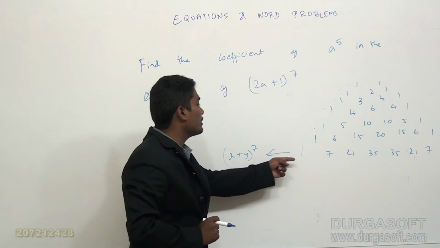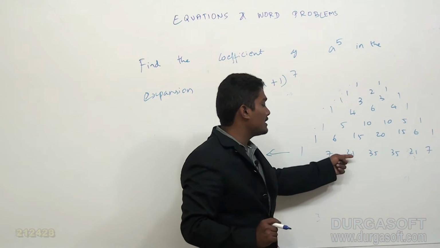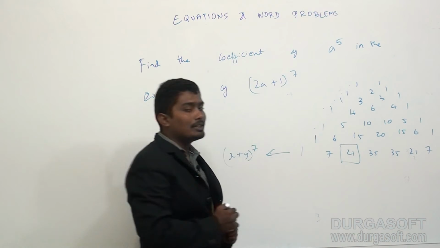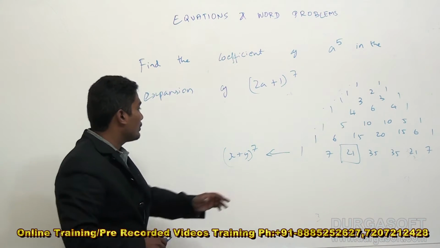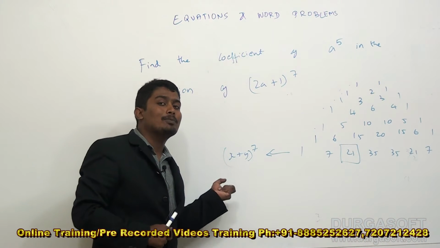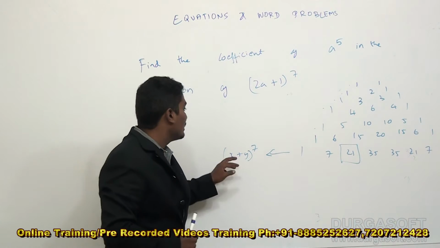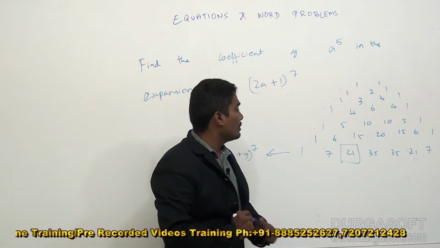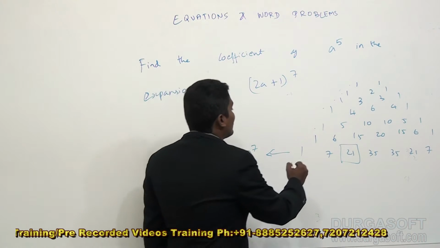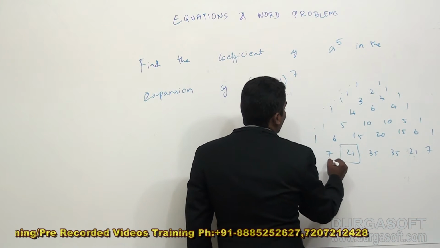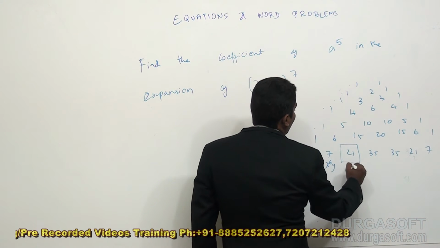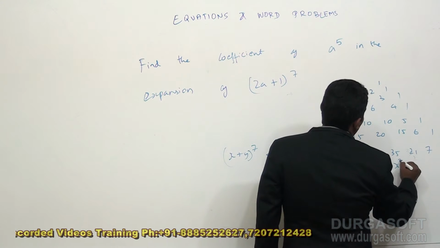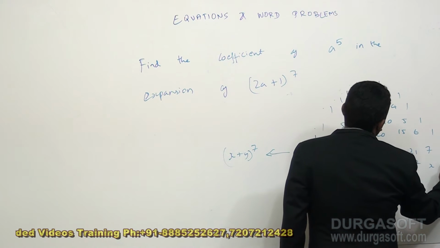This corresponds to x power 7, x power 6, x power 5. For x power 5 I will have the coefficient as 21, because from the left hand side I write the highest power of x and keep decreasing: x power 7, x power 6, x power 5, x power 4, x cube, x square, x.